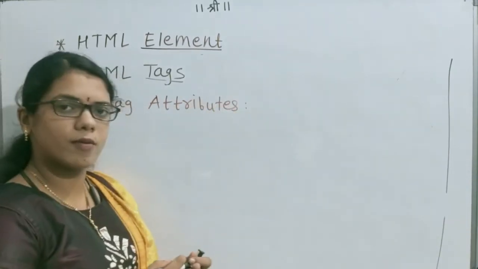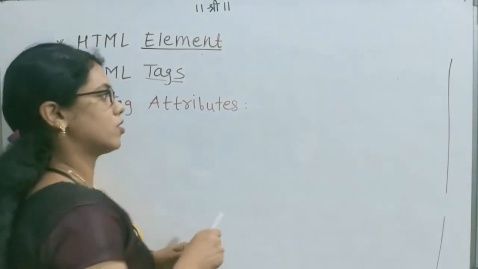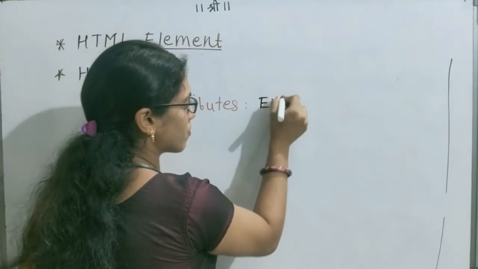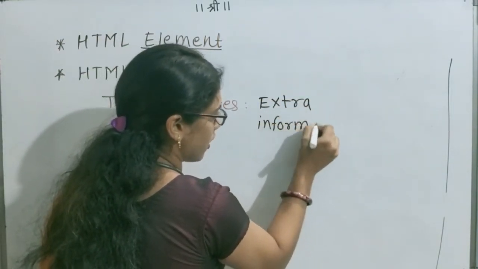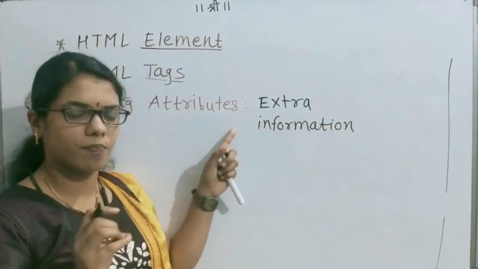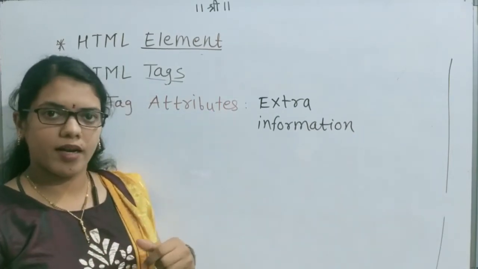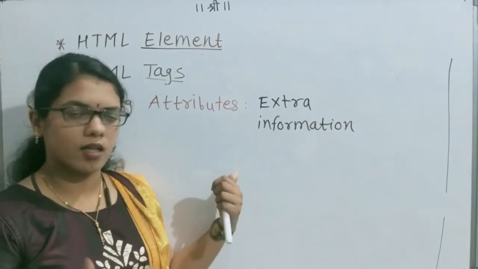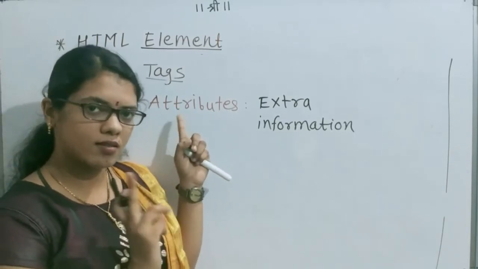Attributes give extra information, additional information about the tag. As the effect on element content is applied only because of the start tag, of course attributes are also used inside the start tag.